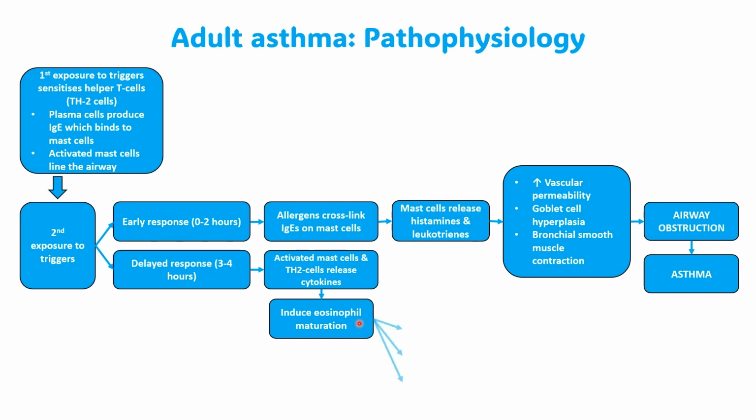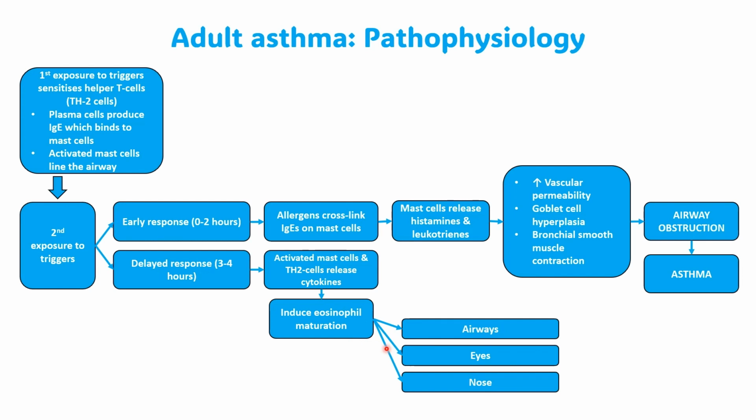And when we have our eosinophil maturation, they're going to migrate to different areas. They're going to migrate into the airways, in particular the lamina propria, the layer of the bronchioles, into the eyes, particularly the conjunctiva, and also into the nose.